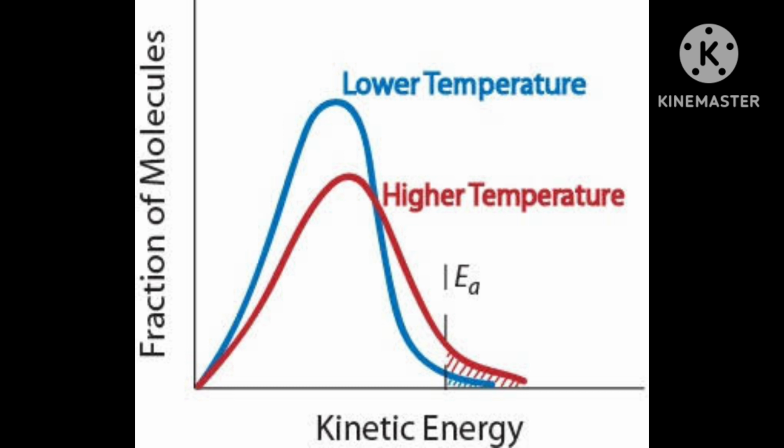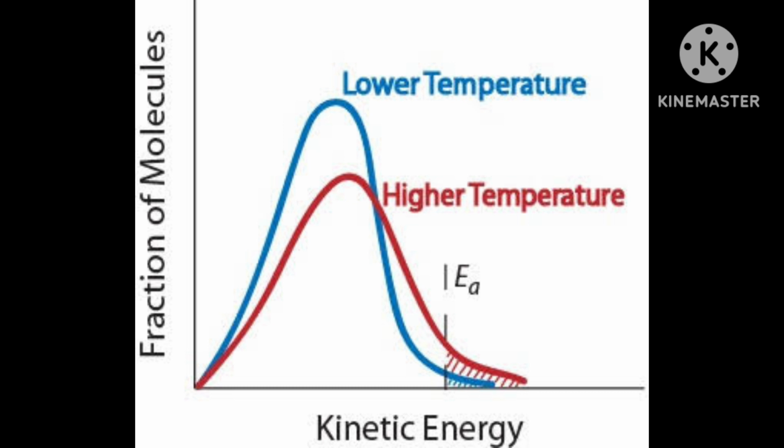Okay, here the term collision is used. This H2 and I2 will collide and form an intermediate stage for a short time, and then it will convert to the final product.